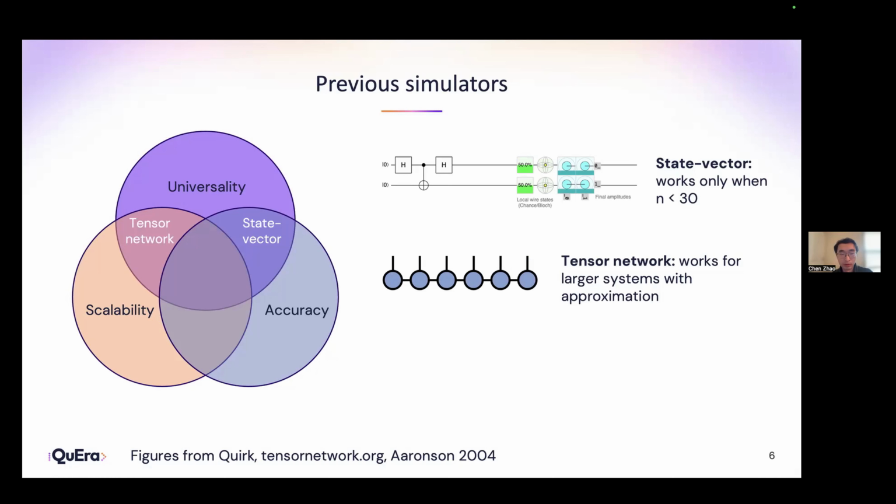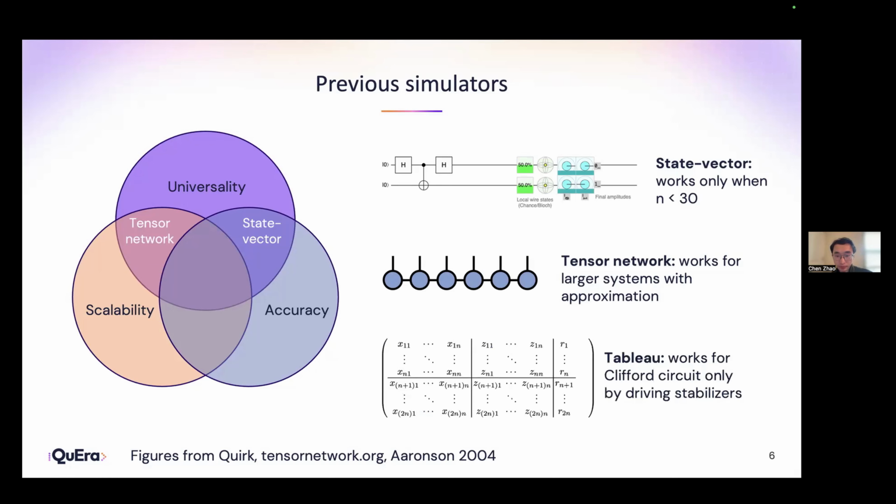On the other hand, for quantum error correction, we also have the Tableau simulator. It works for a subset of circuits, called Clifford circuits, by deriving the stabilizers of a quantum error correction code.